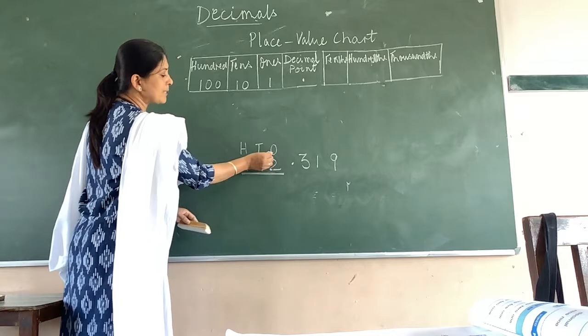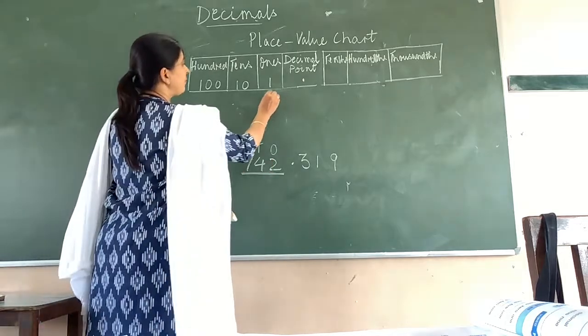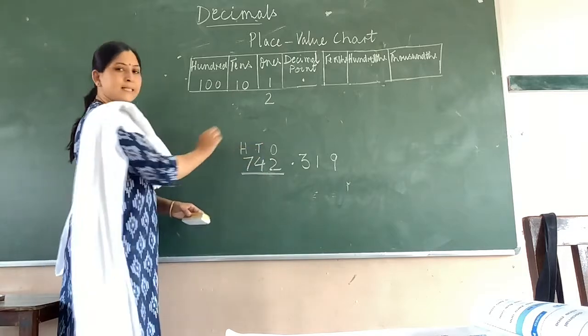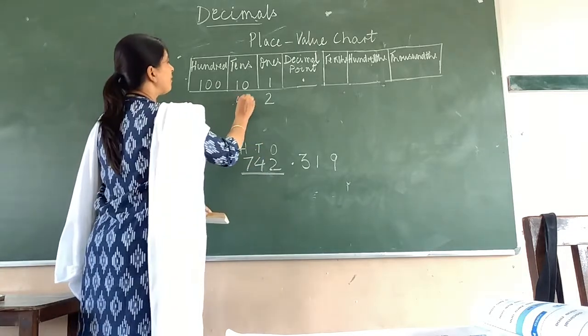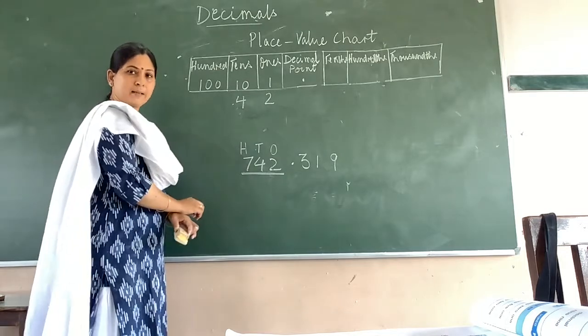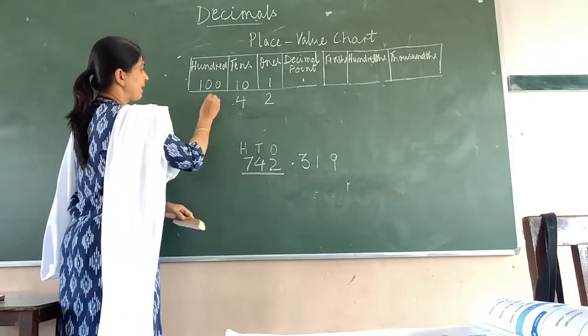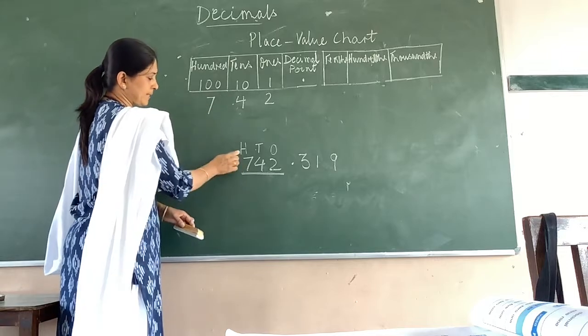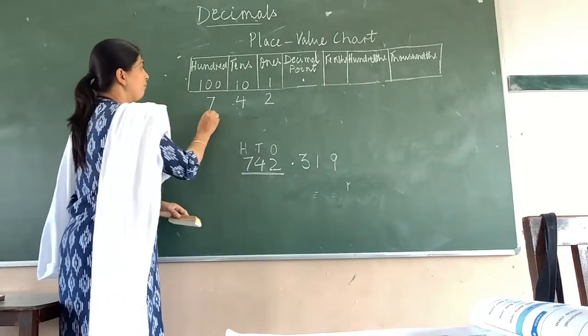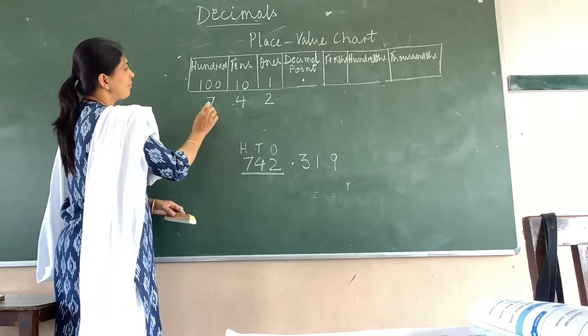Now let us write this number under this place value chart. 2 is in ones place, so we will write 2 in ones place. 4 is in tens place, so we will write 4 in tens place. 7 is in hundreds place, so we will write 7 here. So what is the place value of 7?